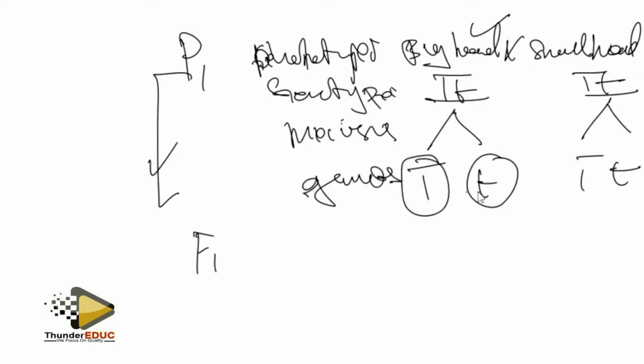Because sometimes people bring them close together, and once you bring them together like this, we cross. We don't give you a tick. So I always tell my students, circle them. The moment you circle them, even if they are too close, since you have circled them, we will still give you a mark.